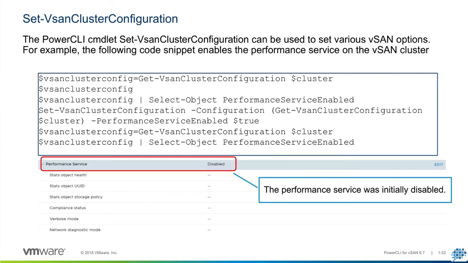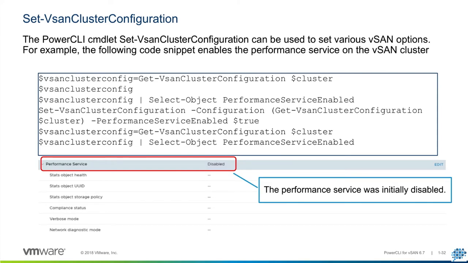If you want to enable the performance service programmatically using PowerCLI commands or a script, the Set-VsanClusterConfiguration command will need to be used. With the Configuration parameter I specify the configuration of the cluster which was stored here, and I say PerformanceServiceEnabled $true, which means I'm setting the performance service enabled to true.